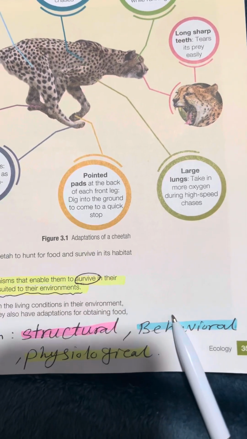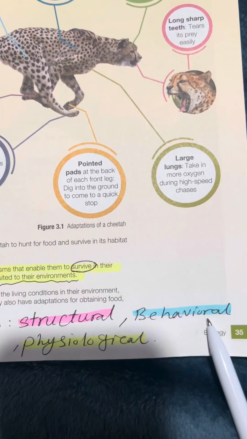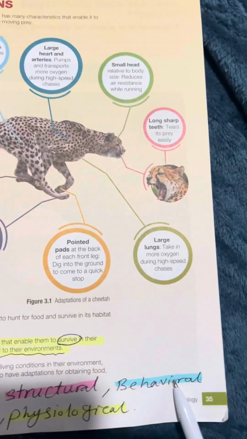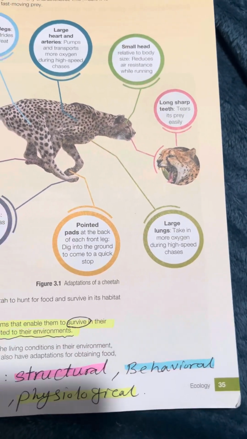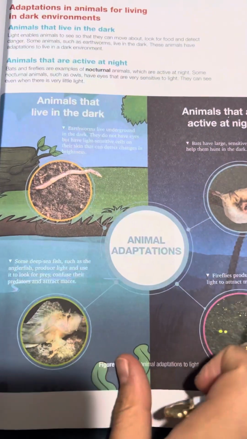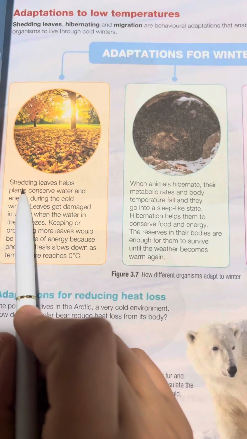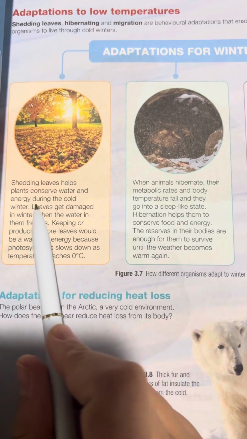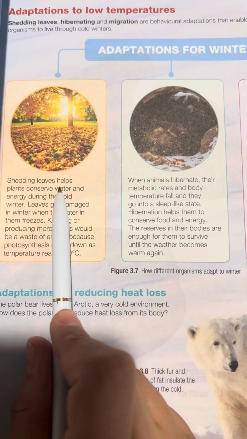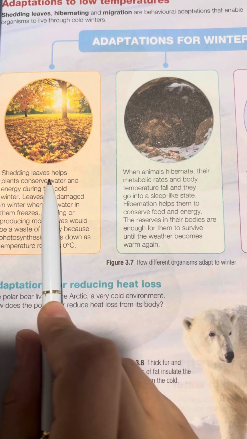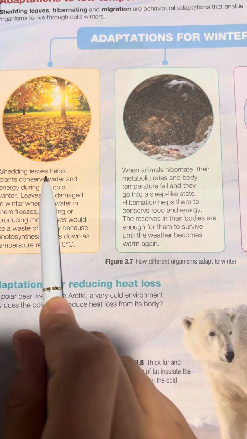Okay, the second type is called the behavioral adaptation. From the word behavior, it means something they do, an action they do. So let's take a look here. We have some examples. Shedding leaves is a behavioral adaptation. They decided to get rid of all of their leaves to conserve more water.